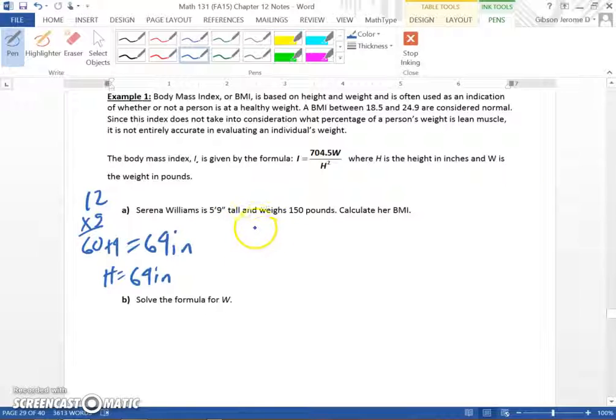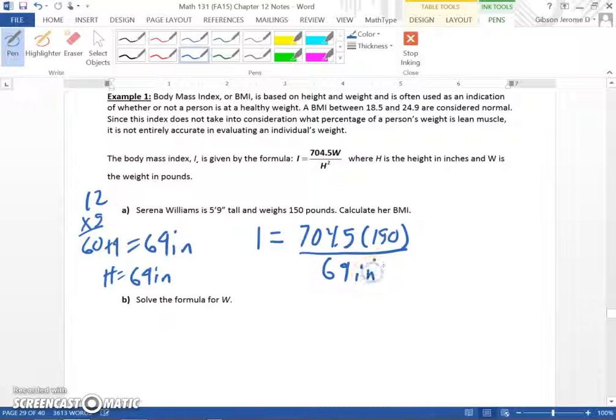Now we can do the formula. I is equal to 704.5 times the W, which is 150, all over the height, which is 69 inches squared.